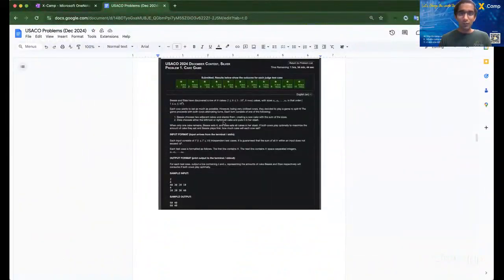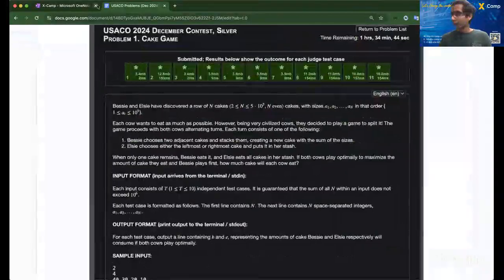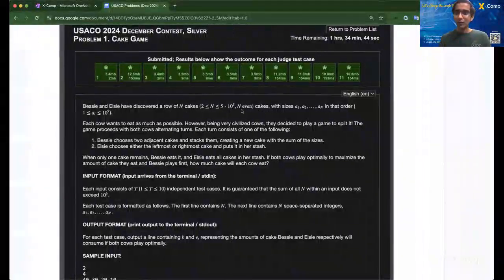The first problem, which I guess is the easiest for many of you, was the problem cake game. There's a row of n cakes where n is even, and their sizes are A1 to AN. Bessie and Elsie take turns.